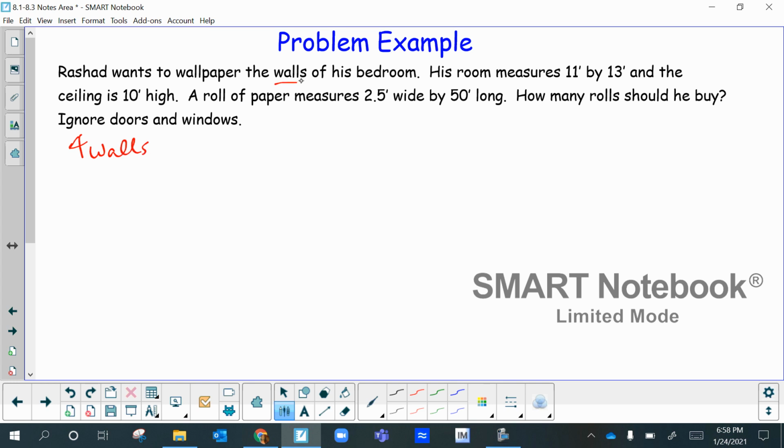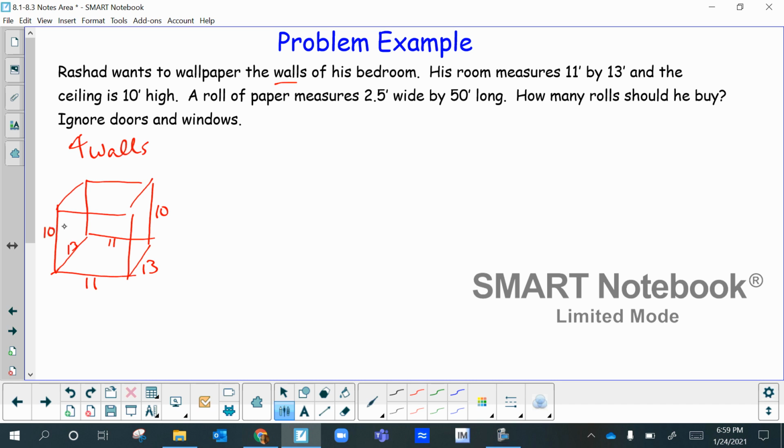And so if you think of it in 3D, the 4 walls, these are all 10 feet high, and then it's 11 by 13. So you have one rectangle up here in the front that's 10 by 11, and it's 10 by 11 on this other wall. This wall over here is 10 by 13, and this wall over here is also 10 by 13. So you have 4 rectangles that you want to find the area for.